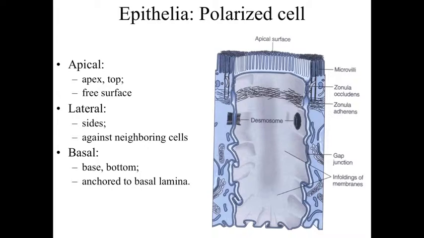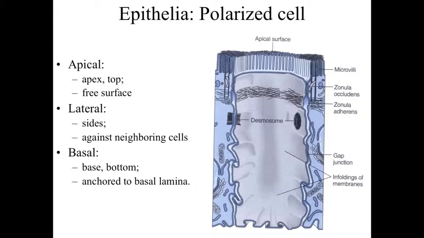Now, the important thing to remember with epithelial cells is that we've got these cells in contact with one another, and they're going to be found forming a sheet along free surfaces of the body. Because they're forming this boundary, this layer, this sheet along free surfaces, they're going to be polarized cells.